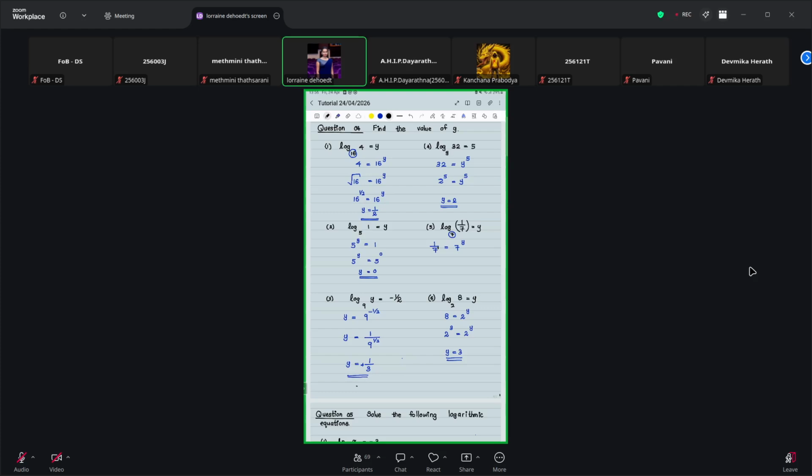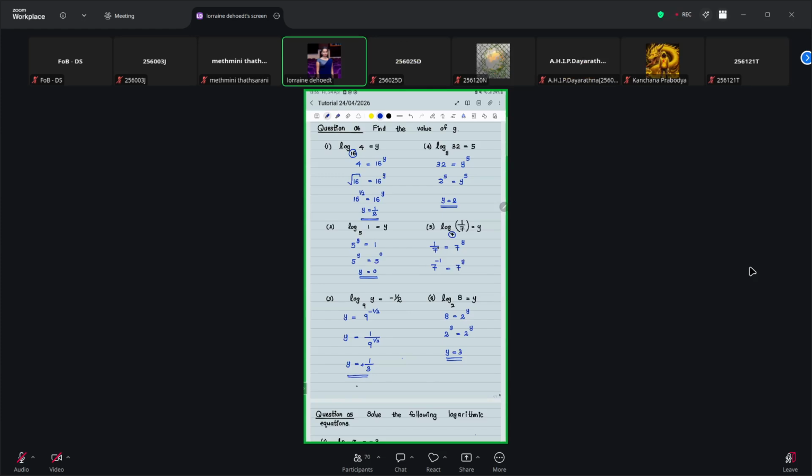That's when you need to get it as the numerator term. So then it's 7 to the power minus 1, equals 7 to the power y.